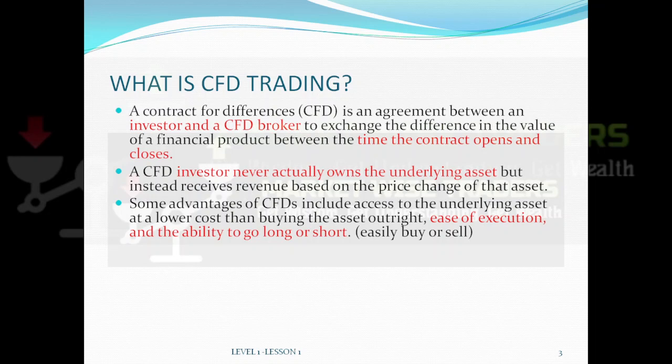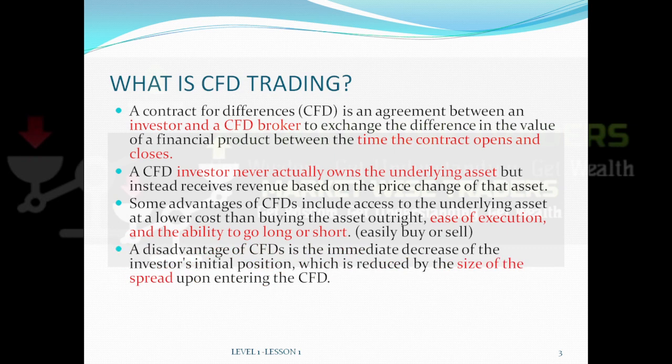But with CFD trading, you don't actually own that physical gold. You just say, I'll buy gold now, it's at 1.8, and I'll sell it back when it reaches 1.9, instead of actually going to get the thing. So this is CFD trading. This is why it's so beneficial, right?